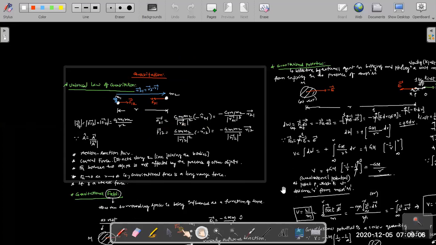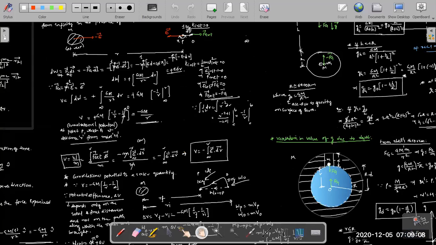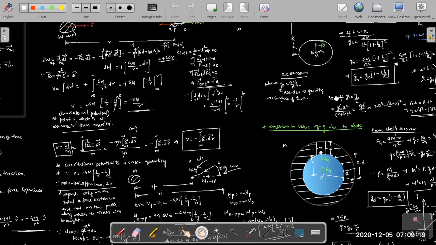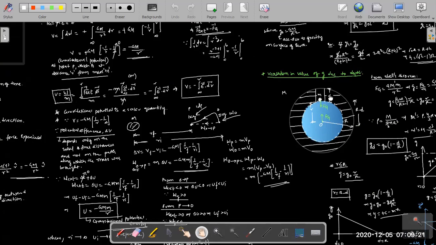So in yesterday's class, we were talking about the reasons because of which the value of g may change. We have found that it will change due to height, it will change due to depth. Clear.